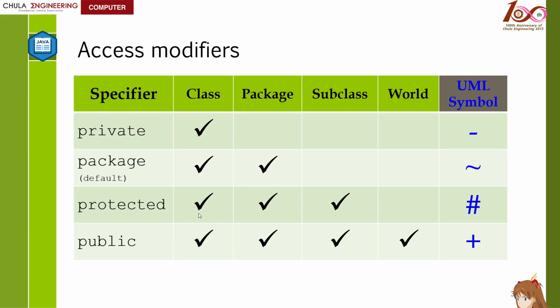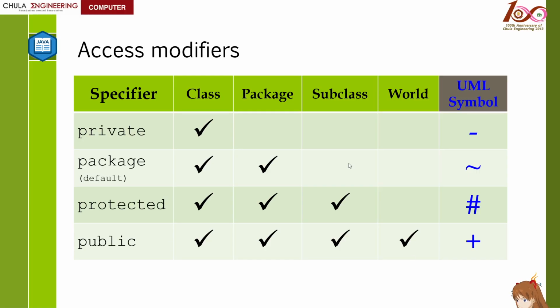Protected means the same class, the same package, and subclasses can see it. You will see protected being used quite a bit when we learn about inheritance. And public is when anywhere can see your variable.